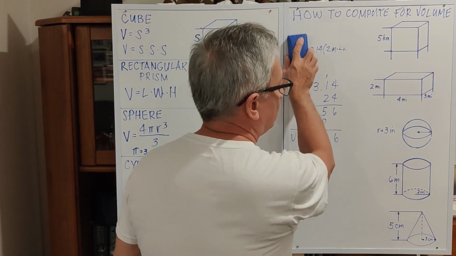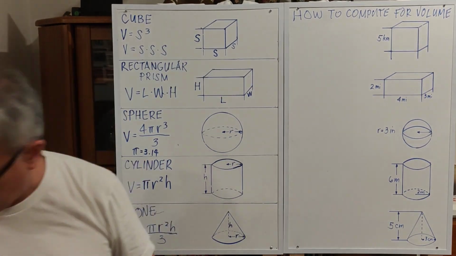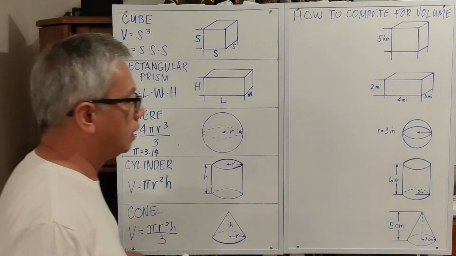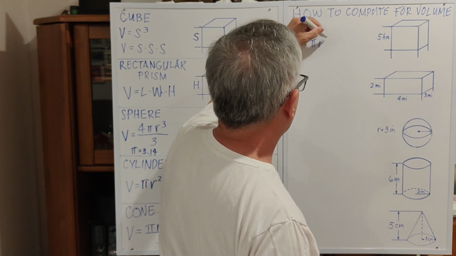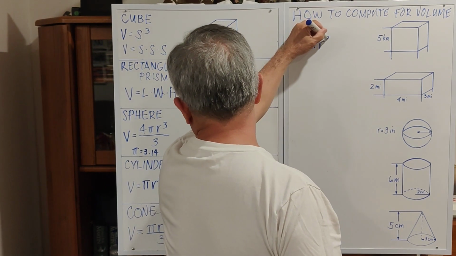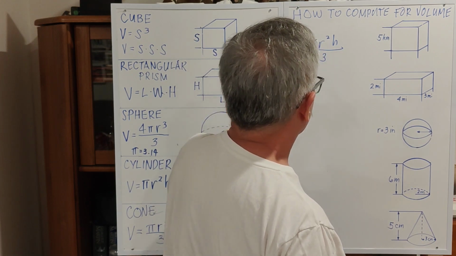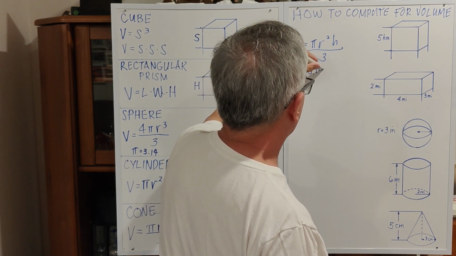For the last example, we have a cone, and the formula for the cone is pi r squared h over 3. So we just plug in the value. Pi is 3.14.